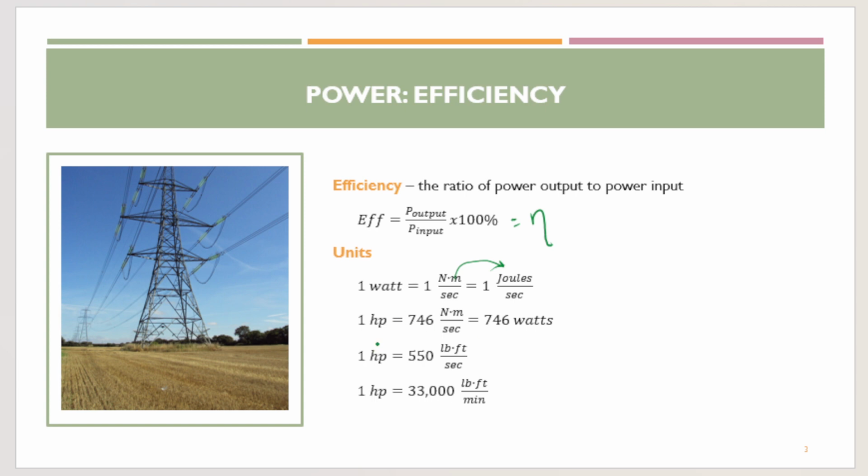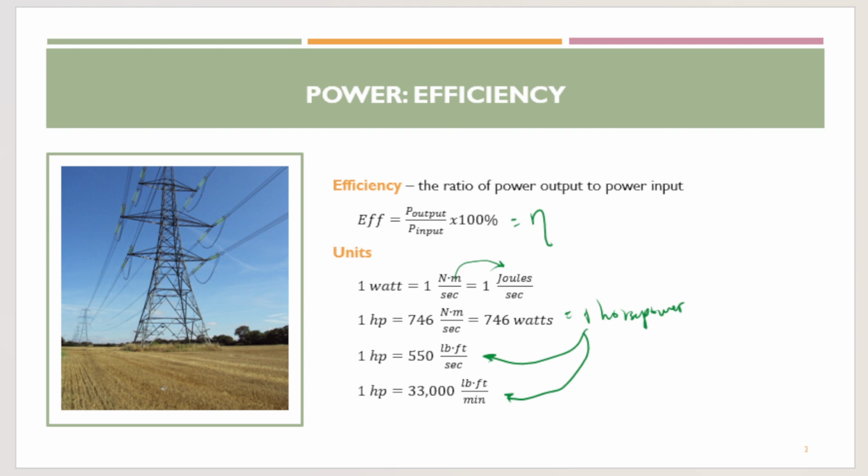It can also be in terms of horsepower. 1 HP is equal to 746 watts or 746 Newton meter per second. In the English system, 1 horsepower is 550 pound-feet per second, or 33,000 pound-feet per minute.